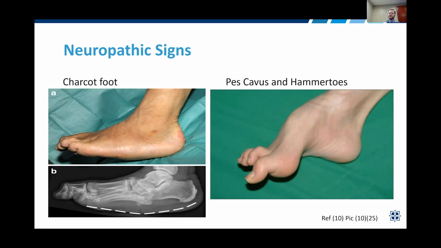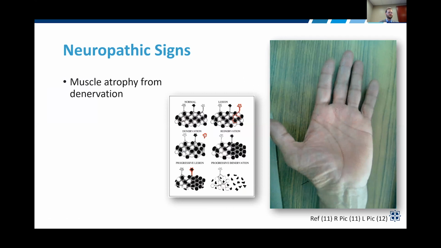So a lot of people would see that foot on the right and say, well, especially if it's that severe, that has to be hereditary neuropathy. But actually, that picture is from an article of a person who had CIDP and spinal stenosis. So you kind of have to keep an open mind despite seeing things which may be typical for certain disease patterns.